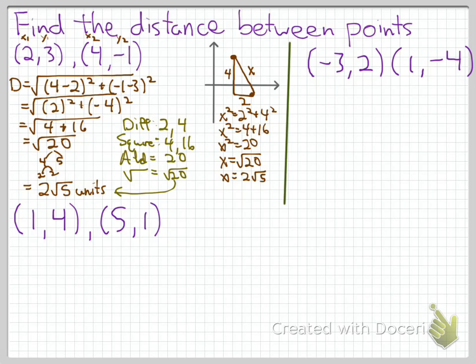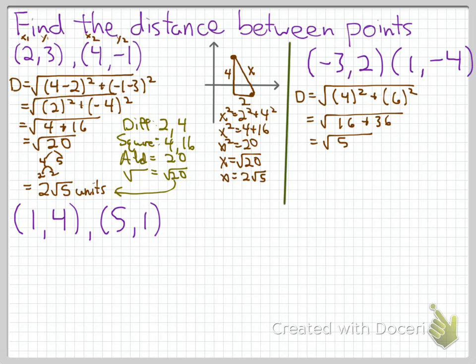So for this next one, I'll just kind of skip through here. I'm going to take the difference of the two. Negative 3 to 1 is 4, so that's going to be 4 squared. And then 2 to negative 4 is 6, that'll be 6 squared. I get 16 plus 36, which is 52.